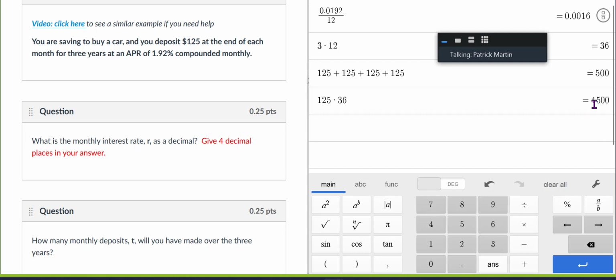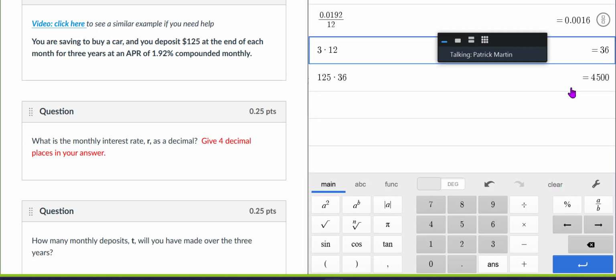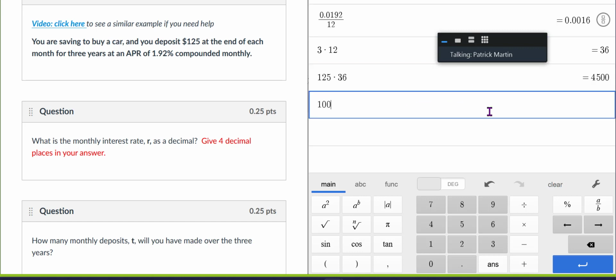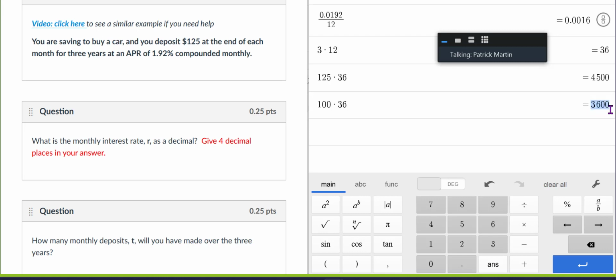And that's 4,500. So if there's no interest at all, you would have 4,500 in there, right? And just intuitively, if you put $100 into a piggy bank for 36 months, that's 3,600, right? So we can see the kind of range we're looking for.